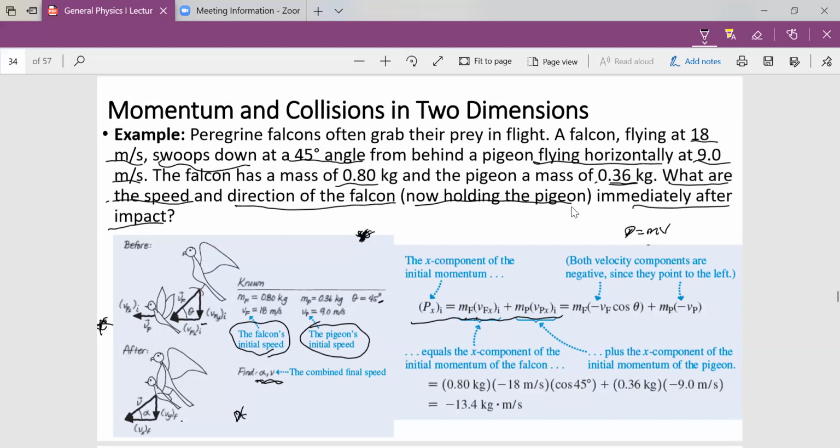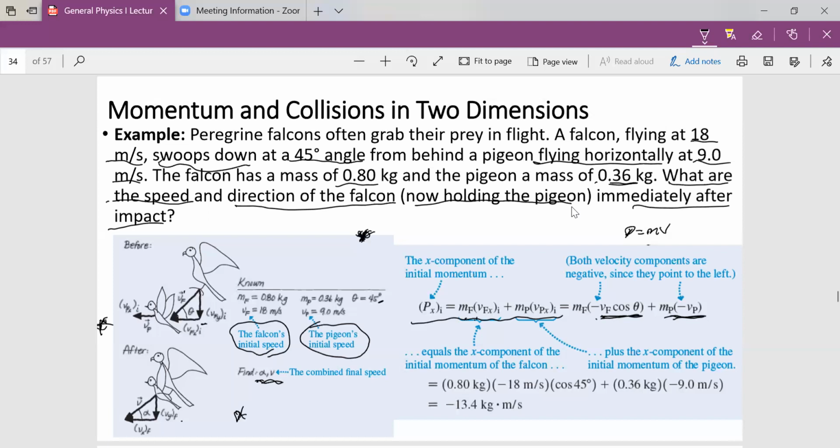The minus is telling us the direction, okay? So we'll have VF, velocity of falcon, cos theta, the angle here, adjacent over hypotenuse. So we'll have our V initial for the X plane to be this, plus for the pigeon it is straight, but the minus came because it's going to the left as well. So we see the left representation with the minus. So this is the X component.